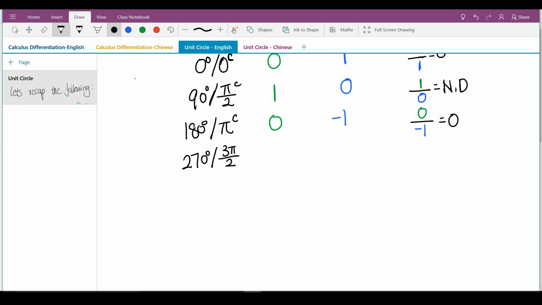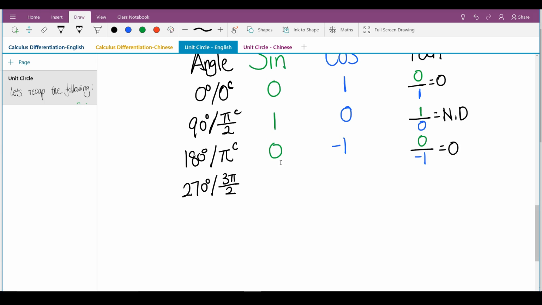All right, same as before. So if pi is 180, we know that 90 is half of 180, so it's just pi on 2. Yeah? Cool? Okay. So at that we saw that the y coordinate here is -1 and the x coordinate here will be 0.